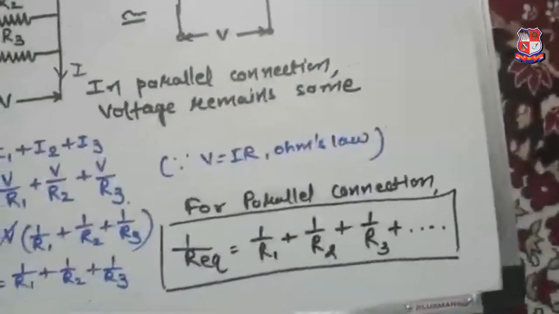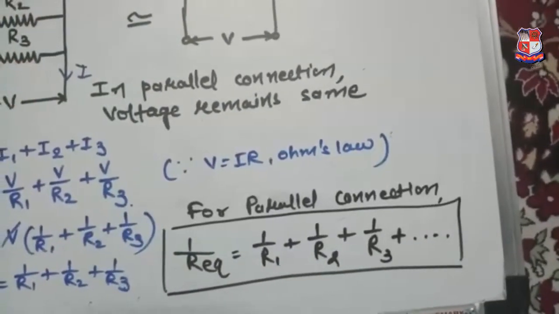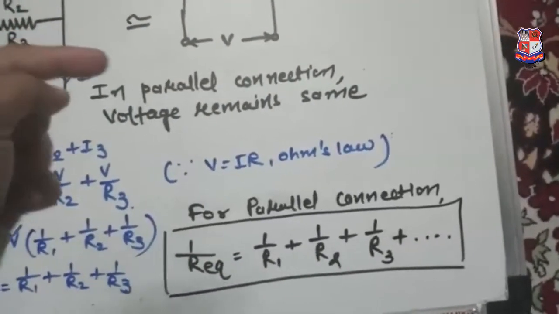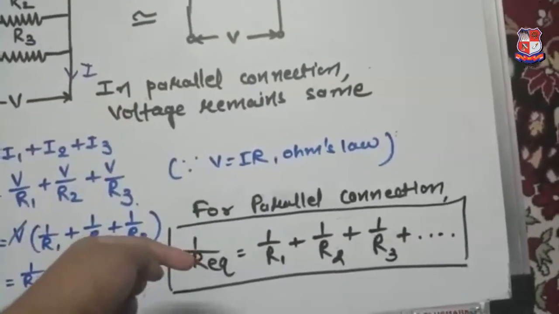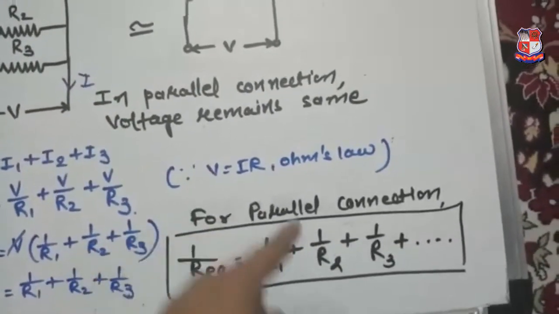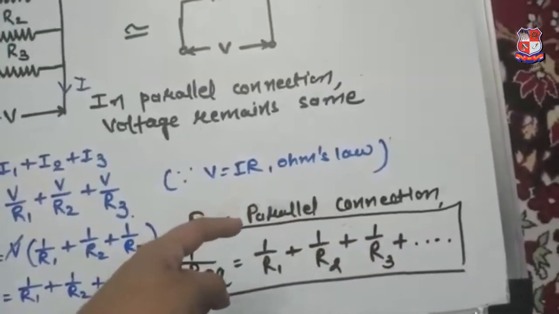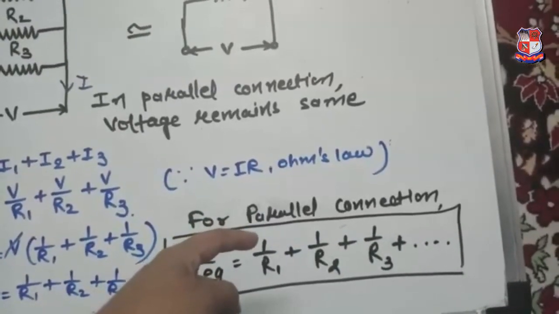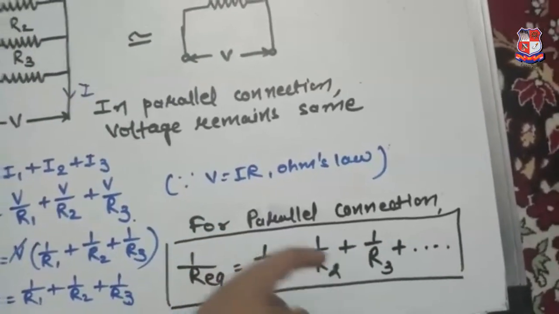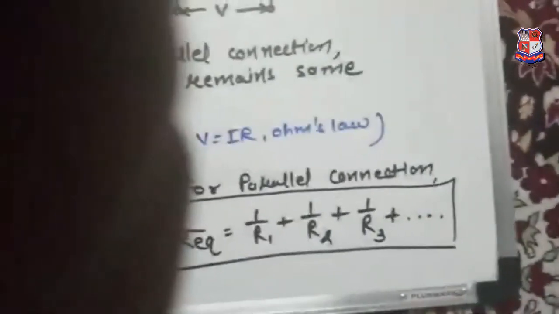So in a parallel connection, if n numbers of resistances are connected in parallel, then the reciprocal of the equivalent resistance is equal to the algebraic sum of the reciprocals of the resistances, means 1 upon R1 plus 1 upon R2 plus 1 upon R3 plus and so on.